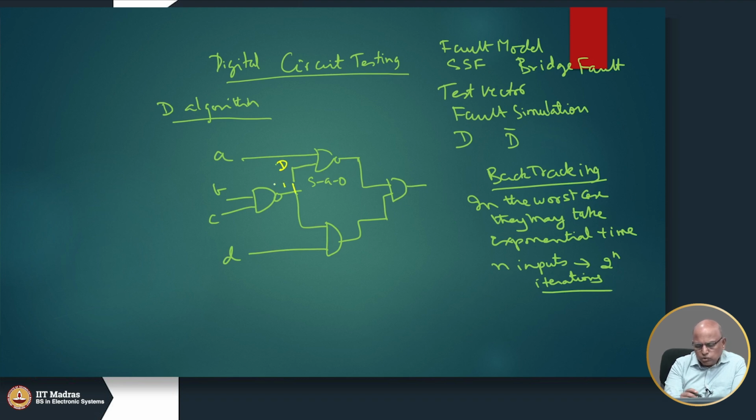So, for forward propagation it is D, for backward propagation it is 1.